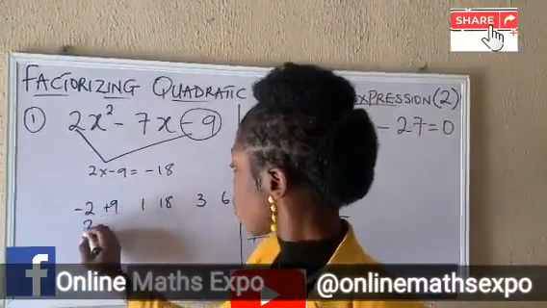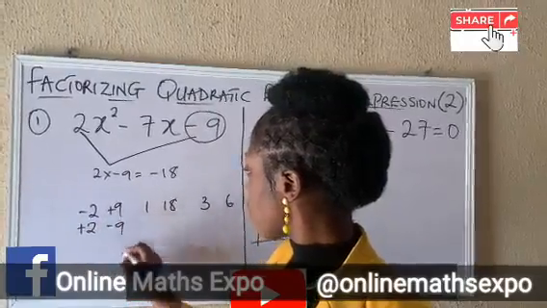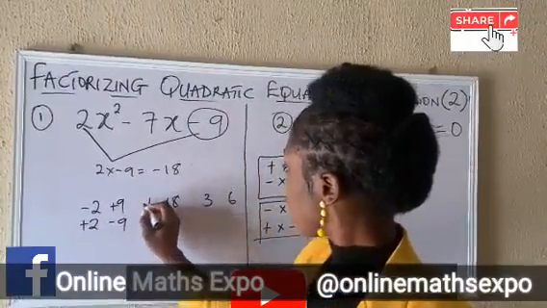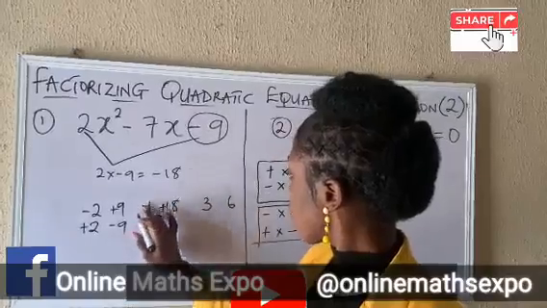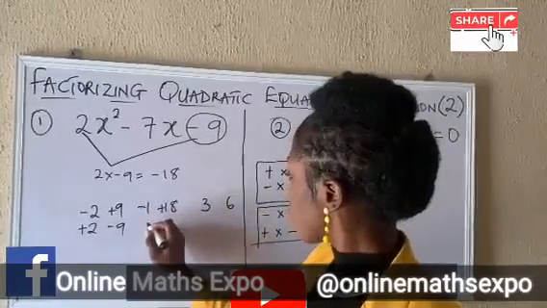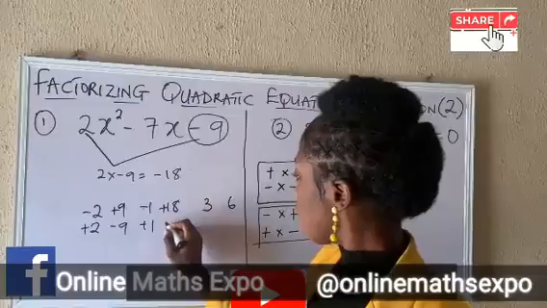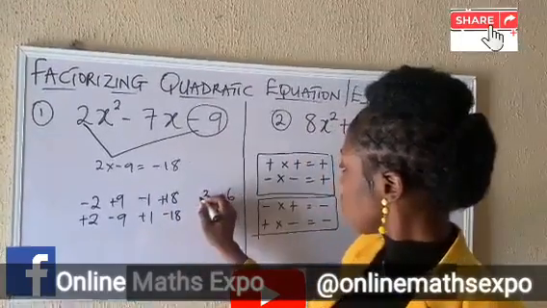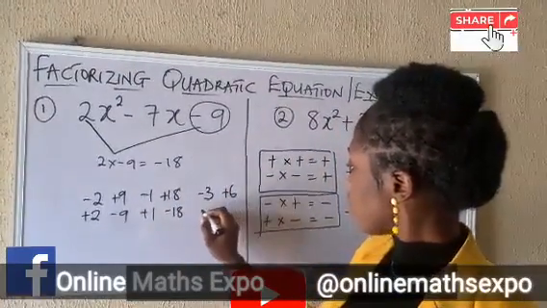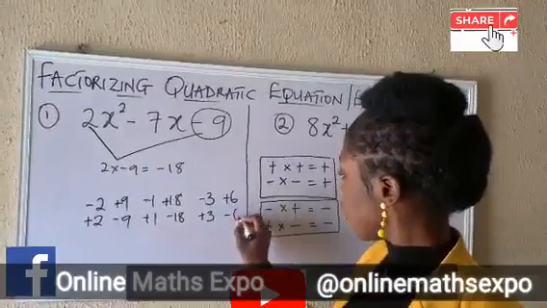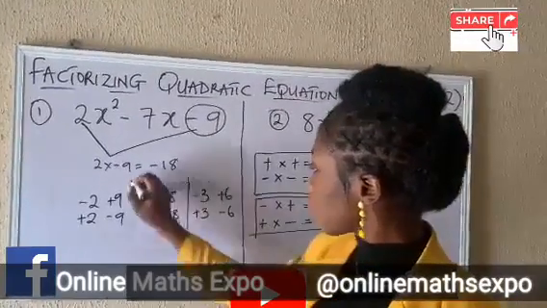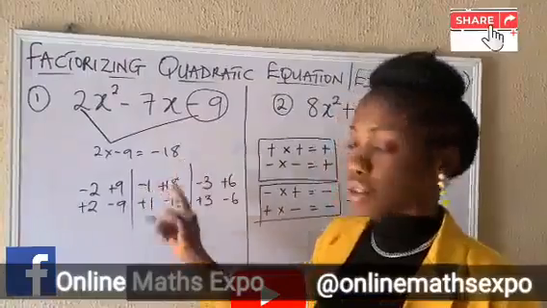We also have 2 here, this will take plus and minus. For 1 and 18, minus, plus, and plus, minus. For 3 and 6, we have plus 3 and minus 6, and minus 3 and plus 6. And remember that when you multiply everything, it gives us minus 18.